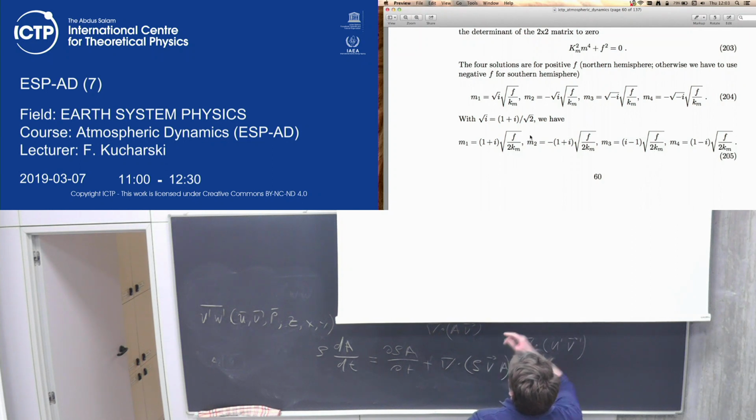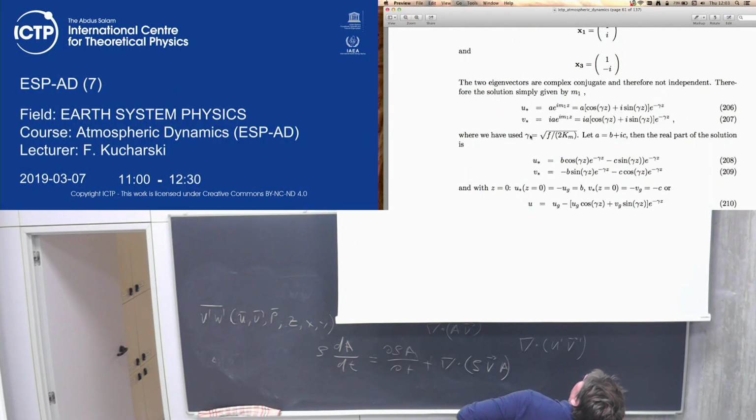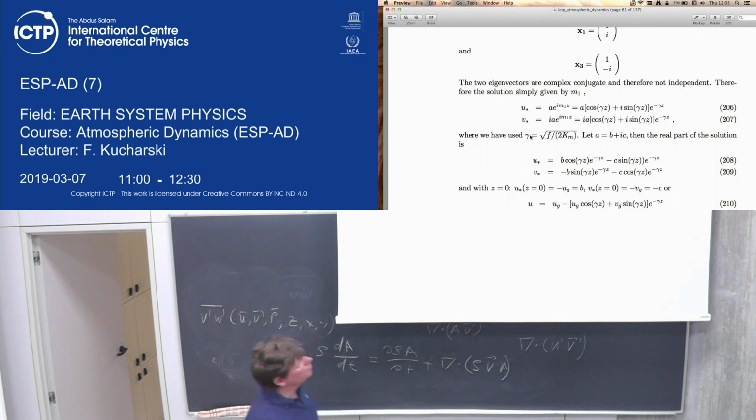So the imaginary part gives the damping in the vertical, and the real part gives the oscillation in the vertical. And we still have to assume that this factor A is a complex number. But in the end, we are interested only in real solutions. So if we insert this here and look for the real part of the solutions, we find this is the full solution here.